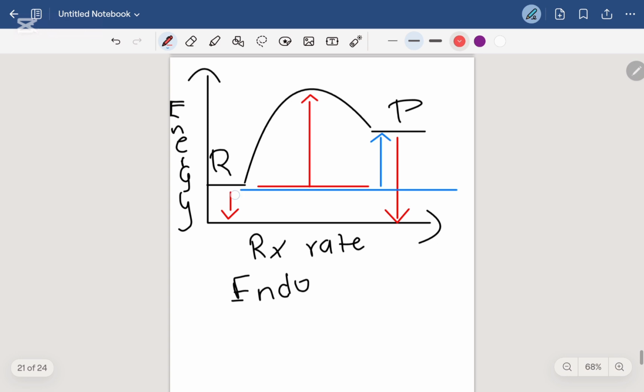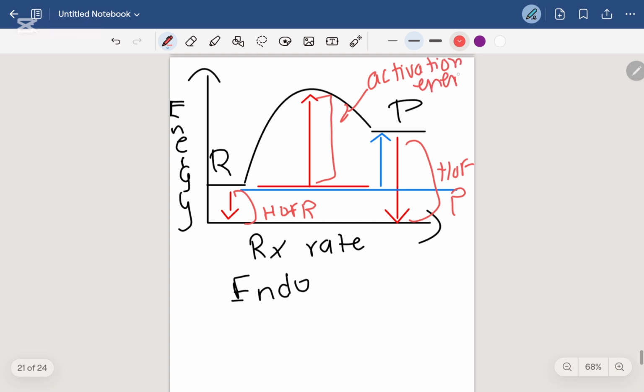And this energy over here is called heat of reactants, and this energy over here is called heat of products. And this energy from the reactants to the very tip of the curve, we call activation energy.